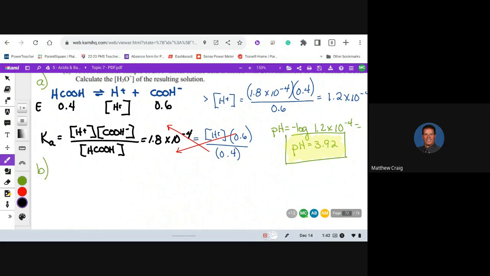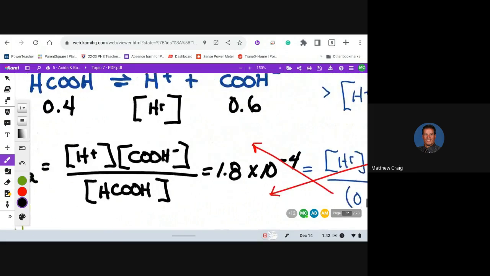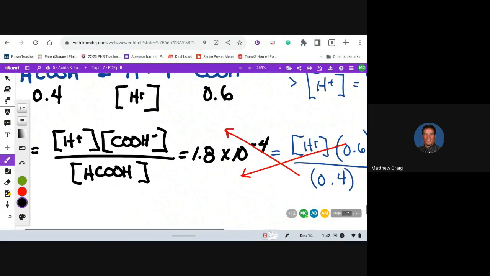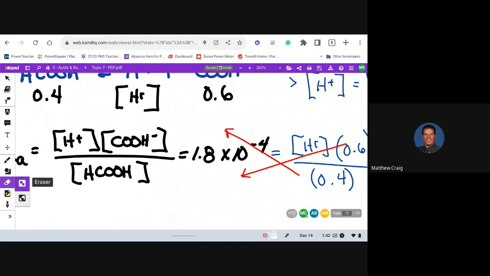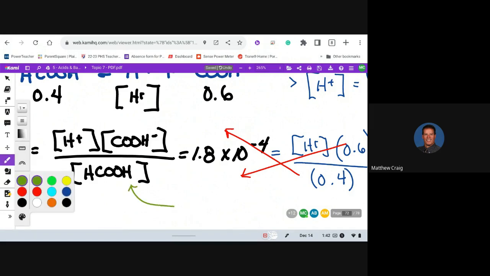What's that? You can answer it because it affects everything. Because of water. It has equal concentrations of hydrogen and hydroxide. So when we add water, it will change the concentration of these two things, correct?